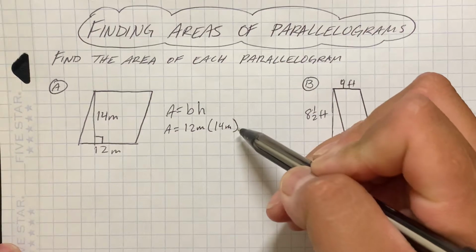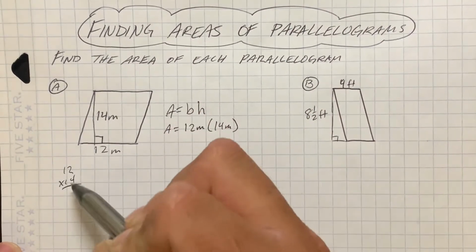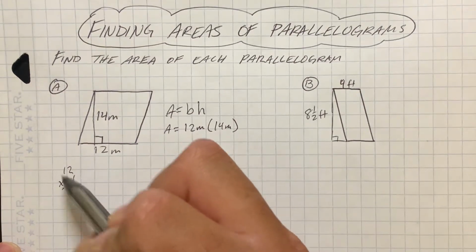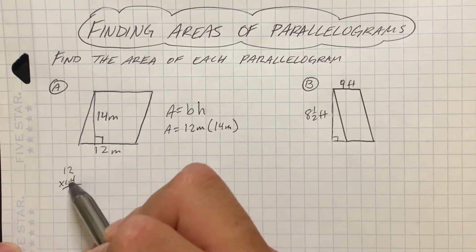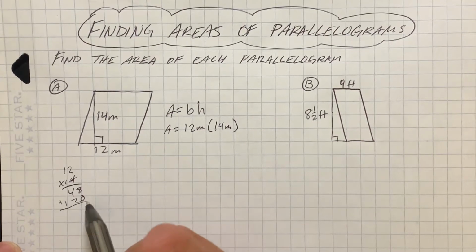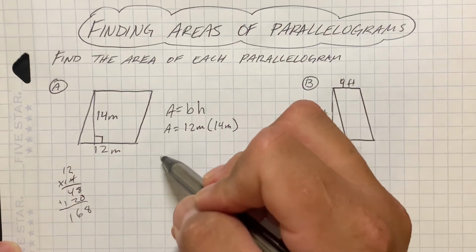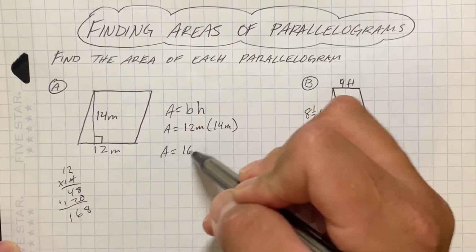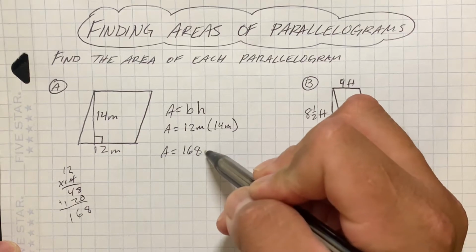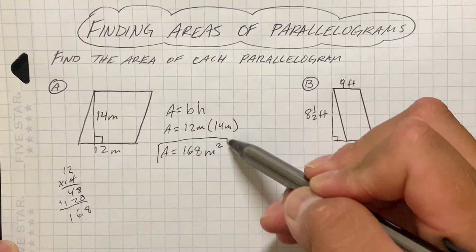If you multiply 12 times 14, 4 times 2 is 8, 4 times 1 is 4, and we put a 0, cross that out. 1 times 2 is 2, 1 times 1 is 1, add your two partial products. 8 plus 0 is 8, 4 plus 2 is 6, and 1 plus nothing is 1. So the area is going to equal 168 square meters. There's our answer.